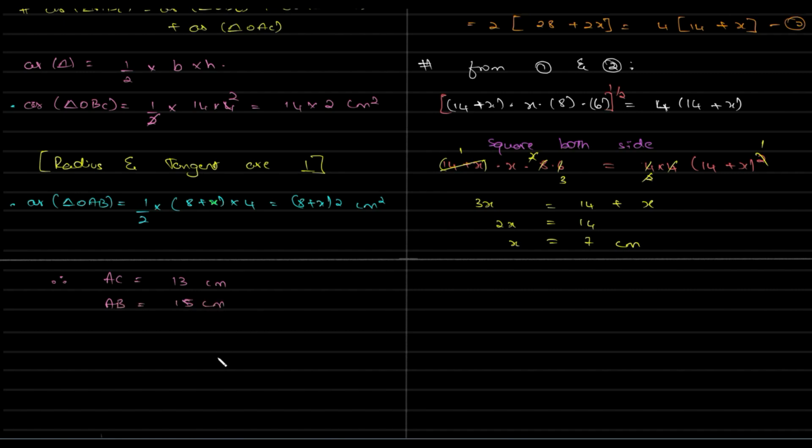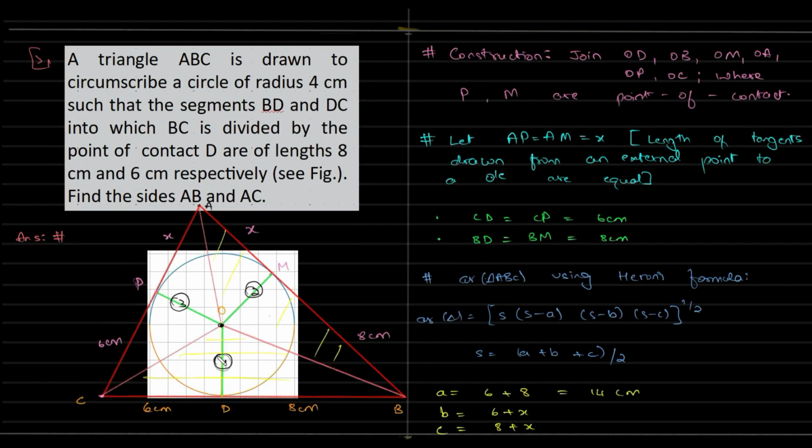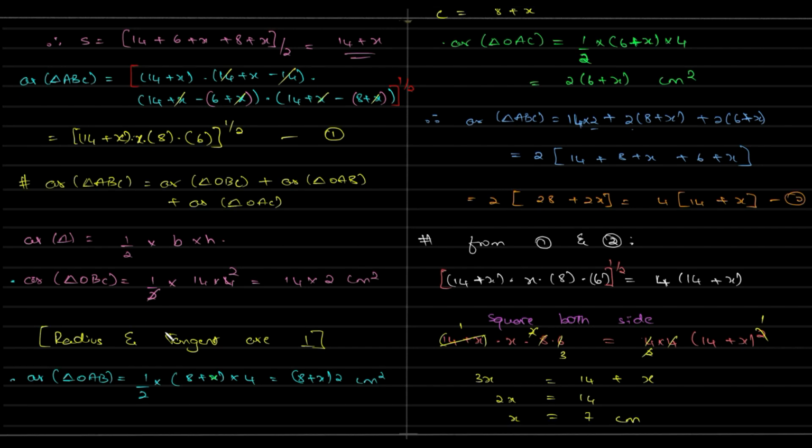Okay, right? So pause and have a good look at the solution. So we use Heron's formula first and we found an equation, and here we use the idea that the main area of the triangle is made up of 3 parts, and that area is half into base into height, right?